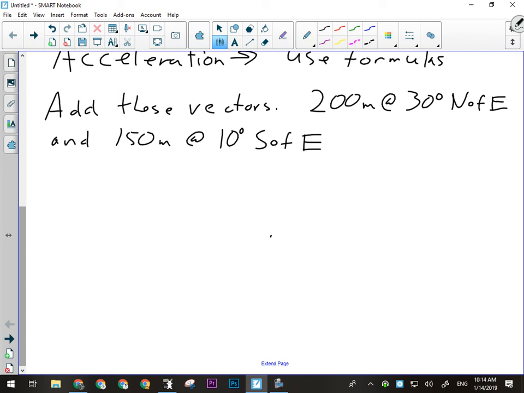We don't have any perpendicular ones or anything here. Once we have the vectors, the first thing we want to do is draw them both tail to head. So we've got 200 meters at 30 degrees north of east. So I want to draw a reference line that is east, like so, and I'm going to go 30 degrees north of that.